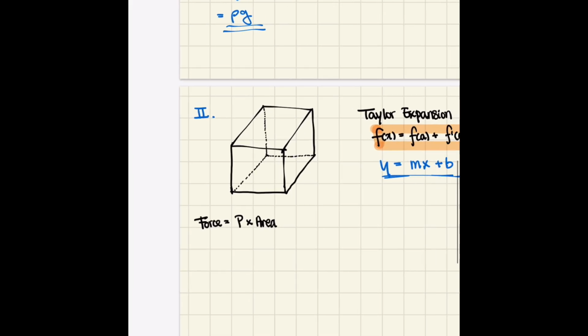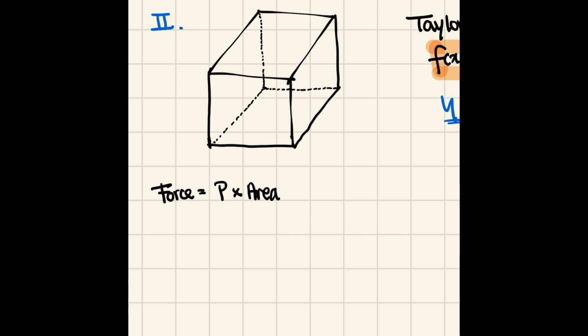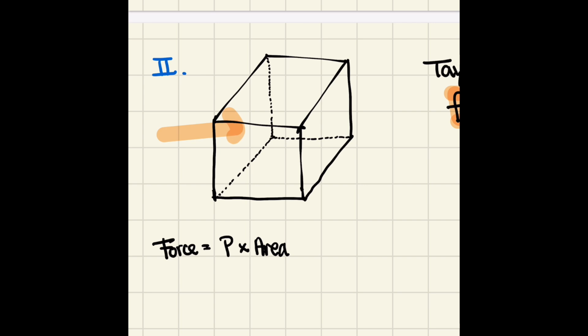So let's first look at this. We know that force equals pressure times area. Let's say that there is a pressure that is applied on this side of the particle.